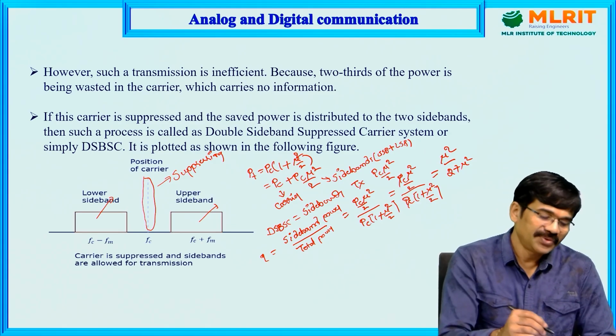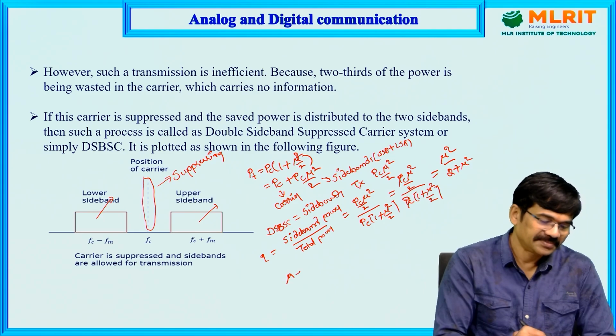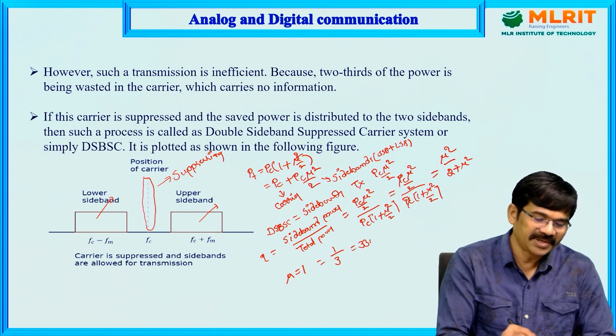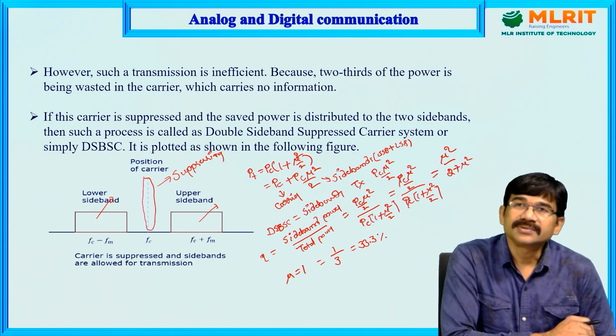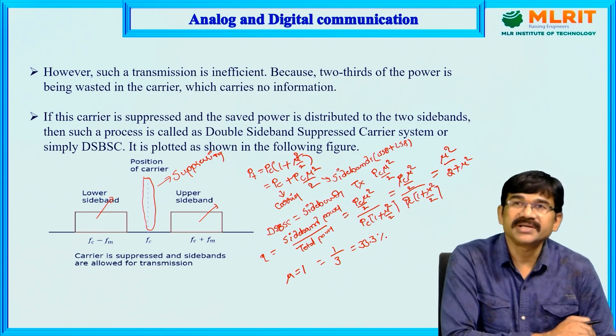So if mu is equal to 1, what is the efficiency we are getting? 1 by 3, that is 33.3% efficiency. What is the meaning of that?